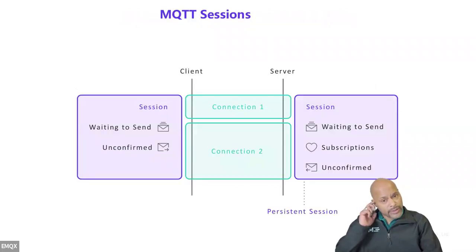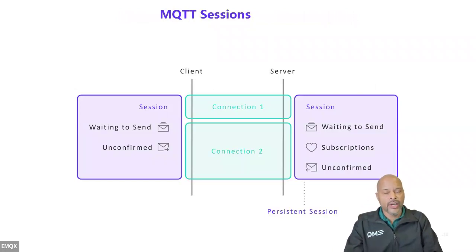In order to achieve these QoS levels, there's one thing that needs to be implemented within MQTT, and that is a session, or a persistent session. Here you see the session represented in green, and that session can span multiple connections.